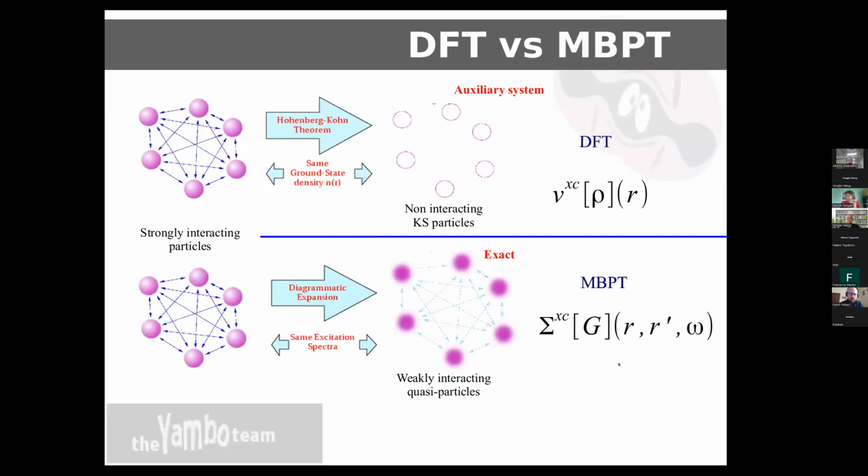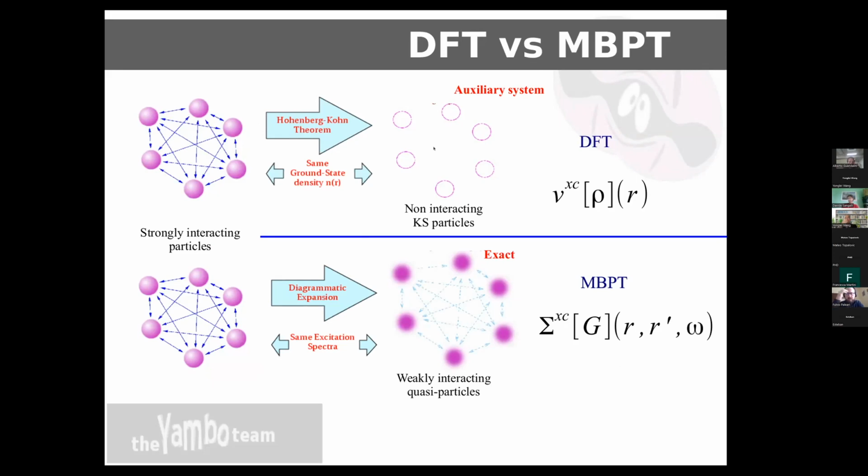So let me do a comparison between density functional theory, which you have seen in the previous lectures, and many-body perturbation theory, as ways to describe a system of interacting particles. You have seen already that in DFT, this system of interacting particles is mapped into a Kohn-Sham system of non-interacting particles.